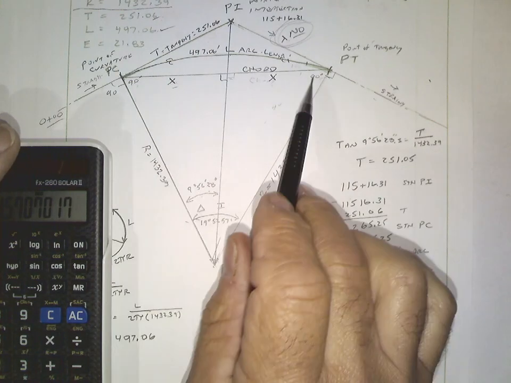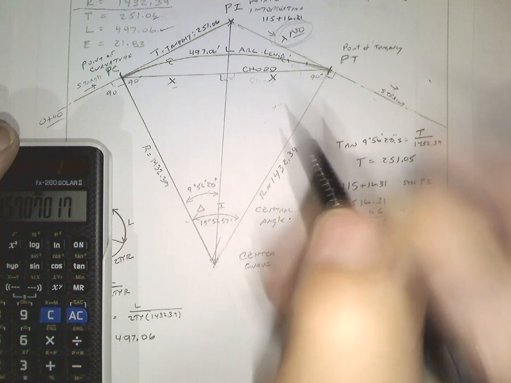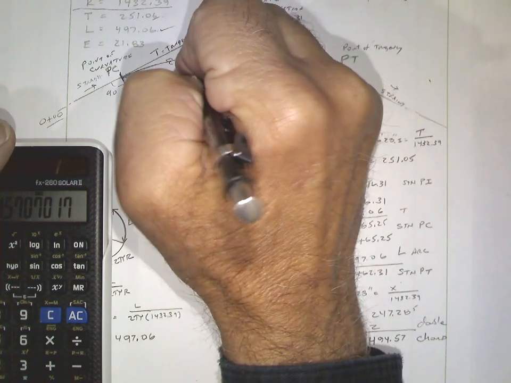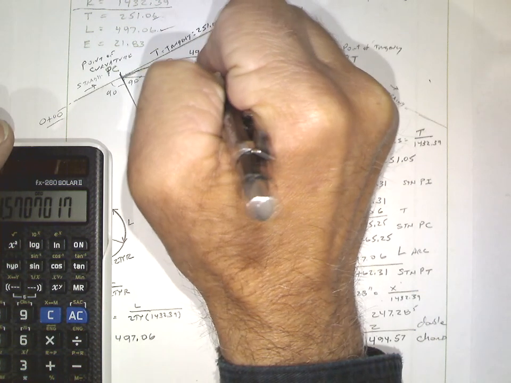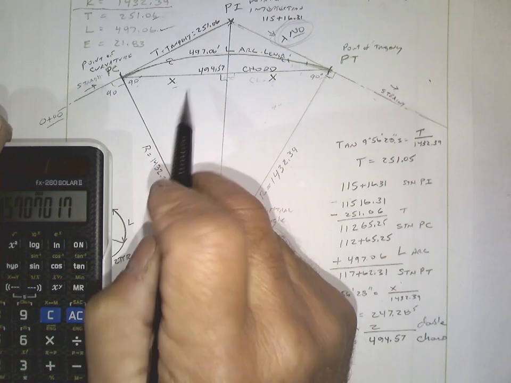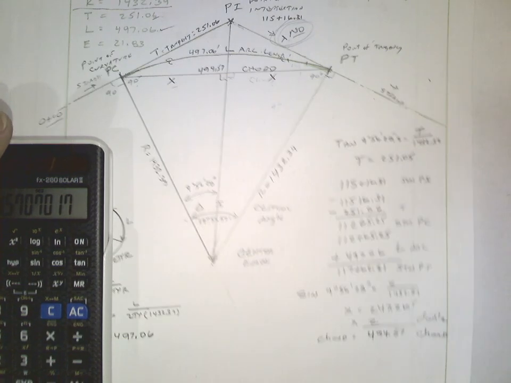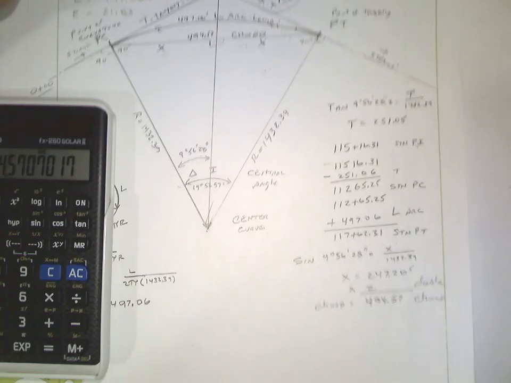So the straight line distance across there is indeed less than the arc length. Let's go ahead and put that down here.